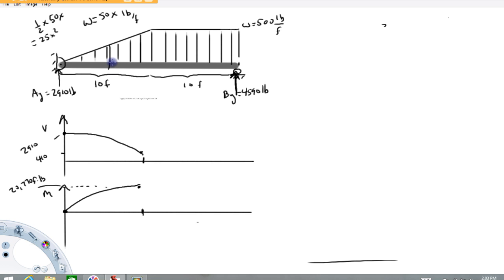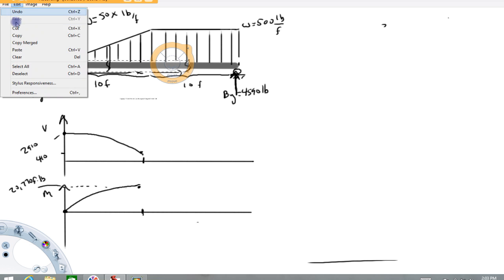So, our first cut was here at a position X. I'm going to make another cut, and again, call this distance X. All right, and what I'm going to do here is recopy my beam, cutting it at the arbitrary location.